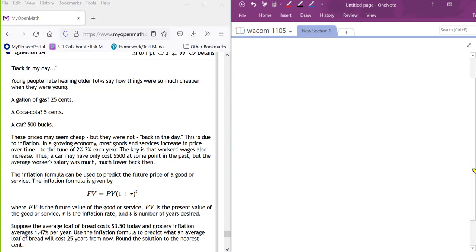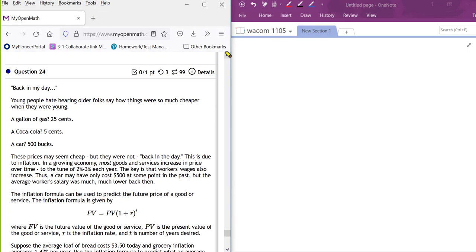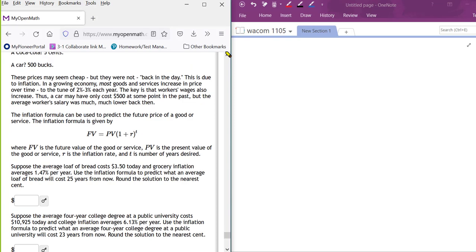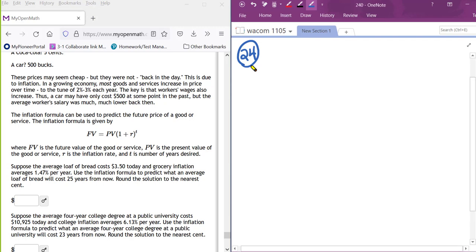All right, and so unfortunately this problem, number 24, really is something that we are having to deal with right now in the real world. Inflation. All right, and so here is an inflation formula, and you can read the rest at your leisure.